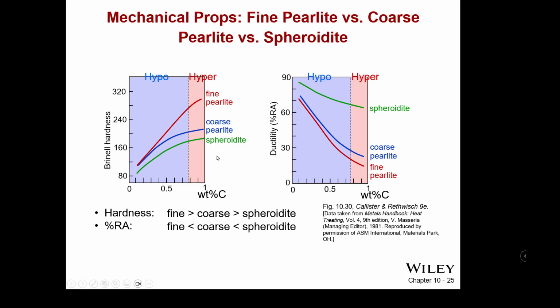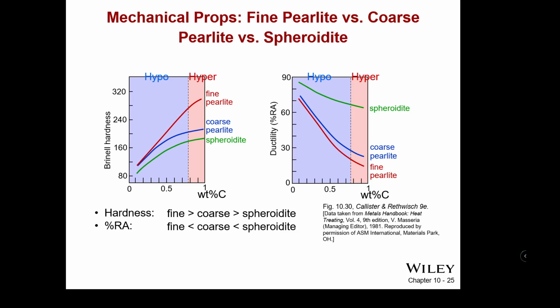Spheroidite, that makes sense because the grain boundaries are almost ball-like and they are able to sort of slip past each other more easily. Fine pearlite, you really can't have that to the same degree. Coarse pearlite, it's easier to move some of the big grains around and shift them a little bit than it is fine pearlite.